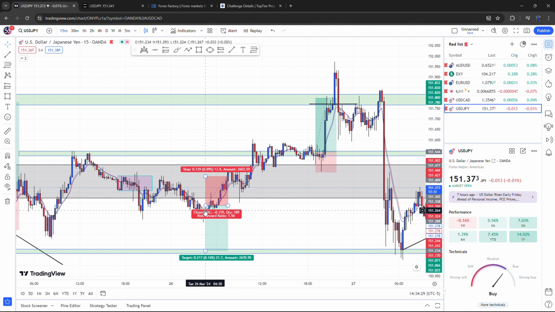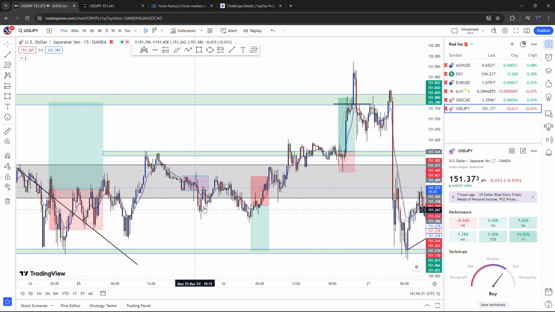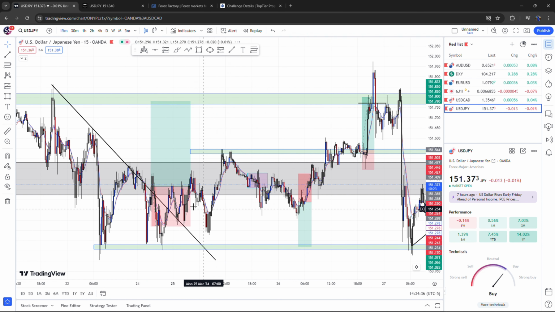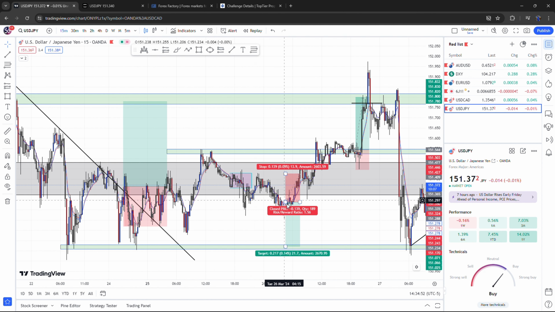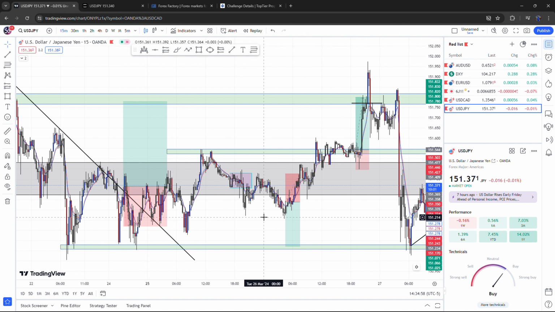As we scroll over here, this could be seen as an okay loss, because I thought we were going to keep going down as we rejected this support and kept making lower highs and lower lows. Then I saw this lower low and thought I should get in for an entry, but this is where price just reversed on me.